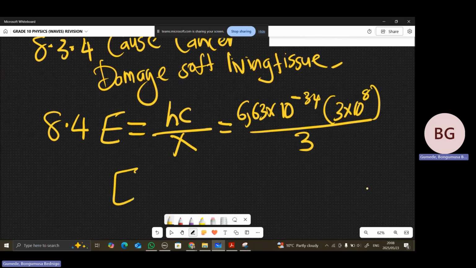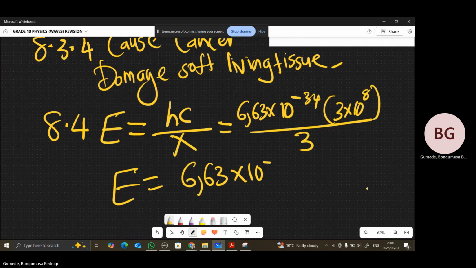And our answer, the energy of the photon, we are getting 6,63 times 10 to the power negative 26 joules of energy.